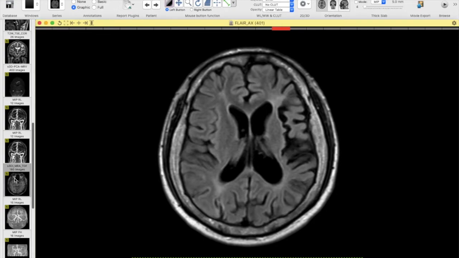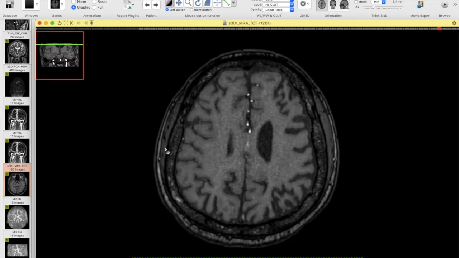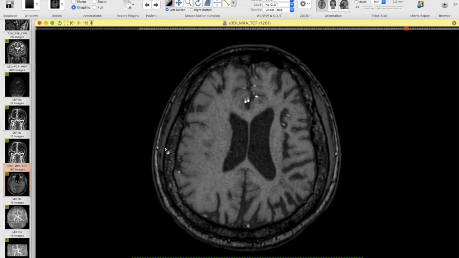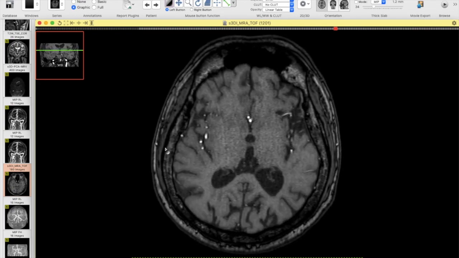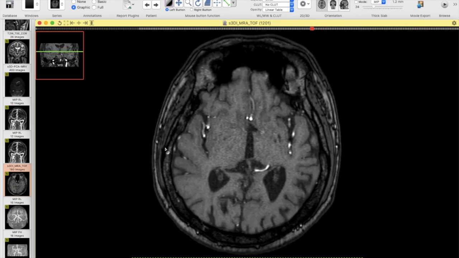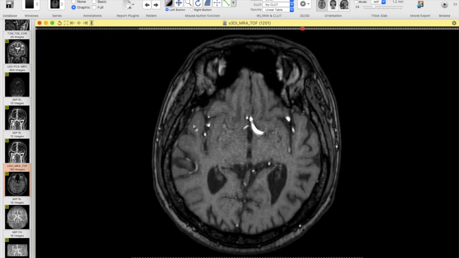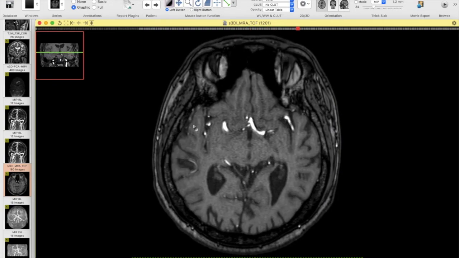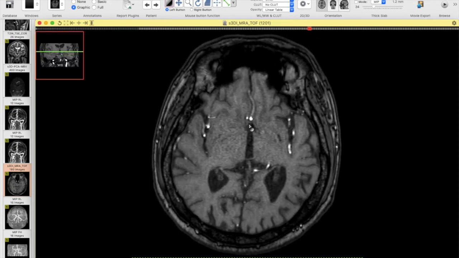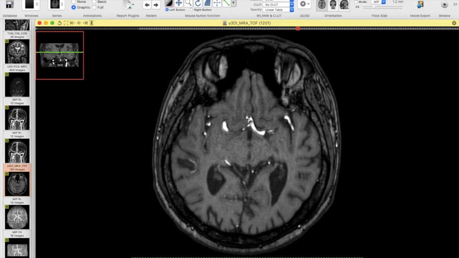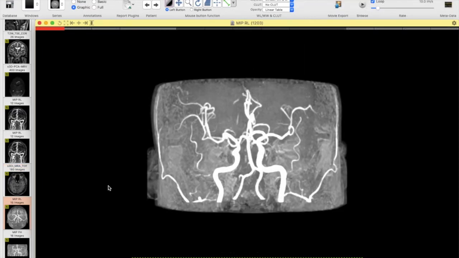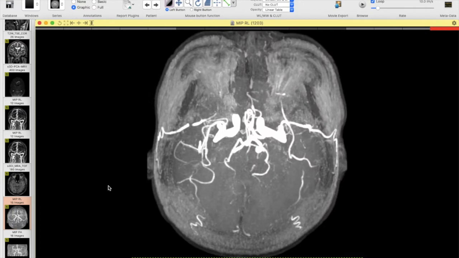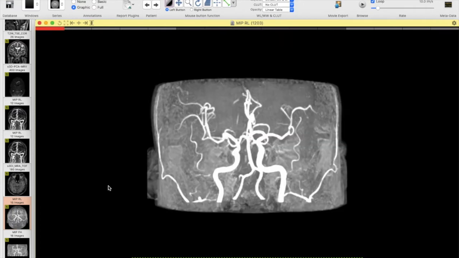As for the MRI TOF image, you can see that all the circle of Willis vessels are of good pattern with no evidence of stenosis, aneurysm, or vascular malformation. The A1 segment of the right anterior cerebral artery is relatively smaller in caliber as compared to the left side, as you can see also in the reconstructed 3D images of the MRI TOF.